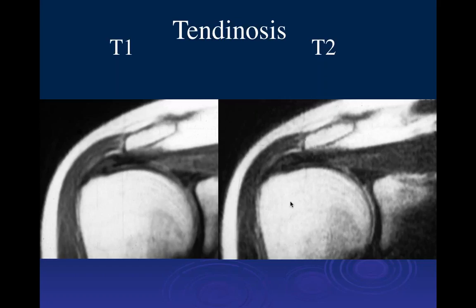So one of the main reasons I like to have T1, T2, and PD fat-sat images in this coronal plane is so that the T2 weighted image lets me grade the degree of tendinosis within the tendon, which is a risk for developing tears.